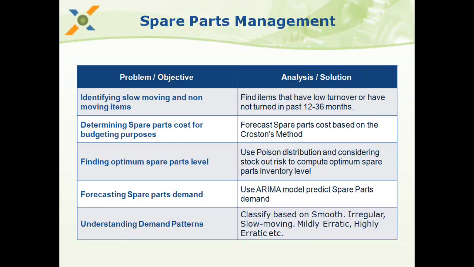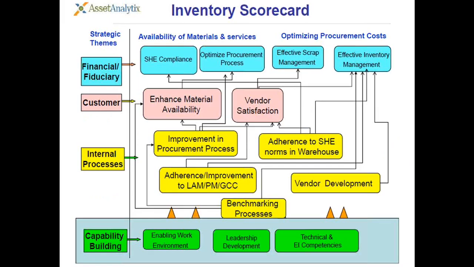Then there are some other things that can really help you understand demand patterns. Most companies would like to have some sort of scorecard. This is a classic balanced scorecard philosophy, but accordingly, you may have different ways of looking at it. This is a balanced scorecard approach as in one of the examples.